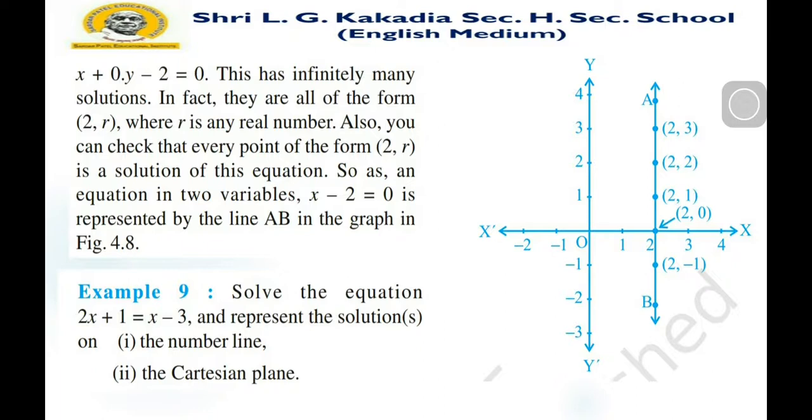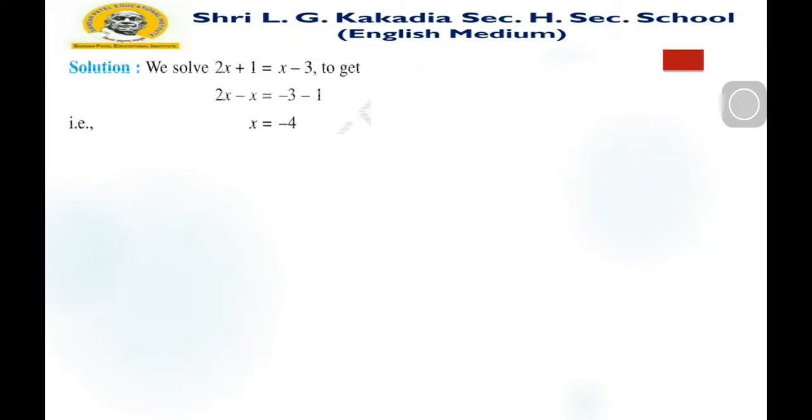Example number 9: solve the equation 2x plus 1 is equal to x minus 3 and represent the solution on the number line, because this solution can be represented on the number line or also in the Cartesian plane. So let us solve 2x plus 1 is equal to x minus 3.